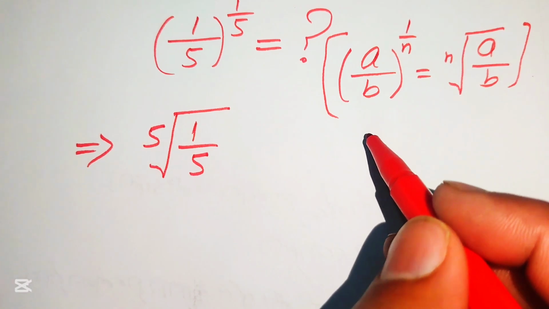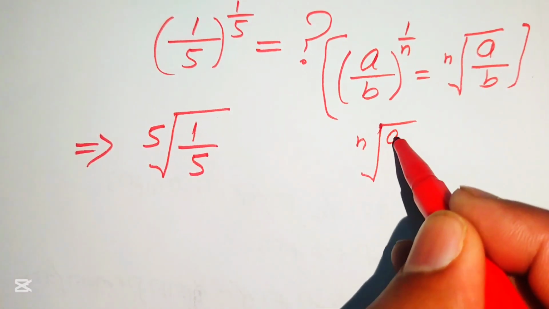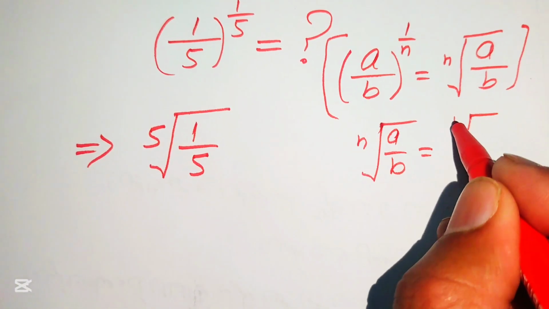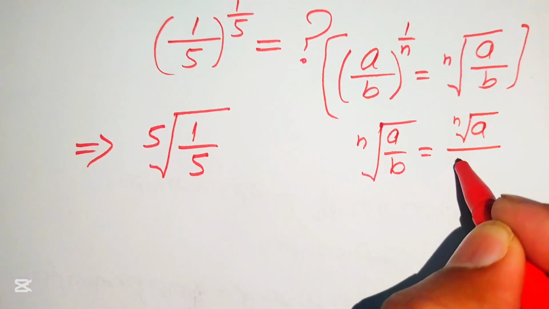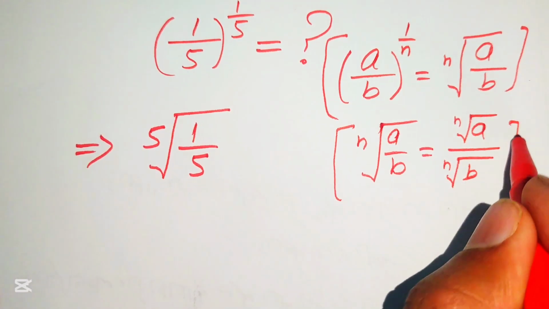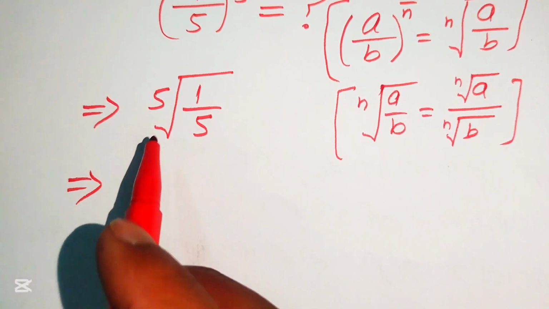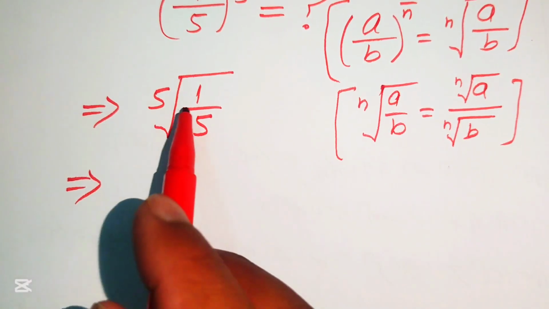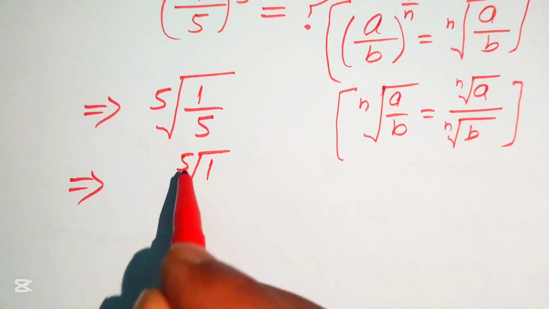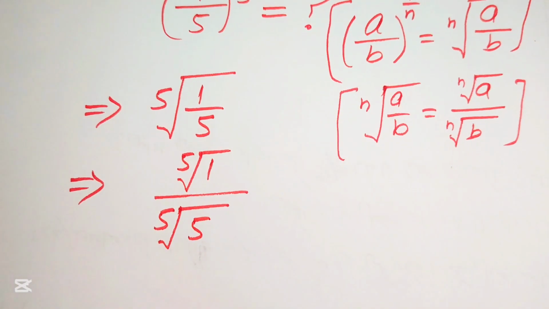Now we apply another radical law. You know that the nth root of a over b is equal to the nth root of a divided by the nth root of b. According to this radical law, we apply the fifth root separately on both of these terms, and it will be written as the fifth root of 1 divided by the fifth root of 5.